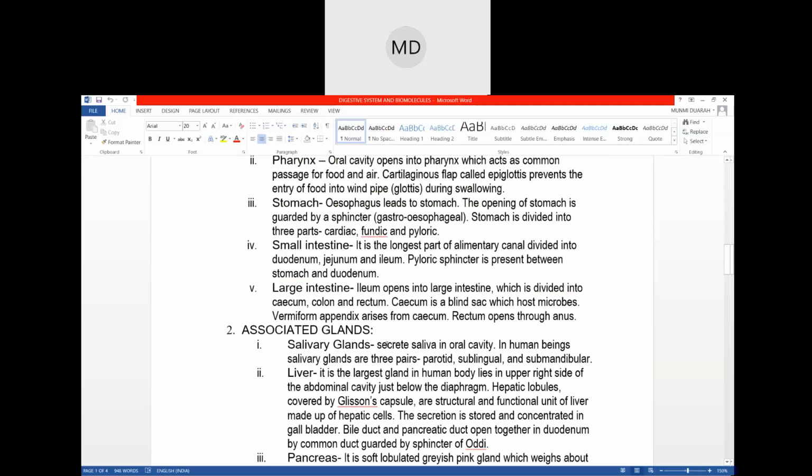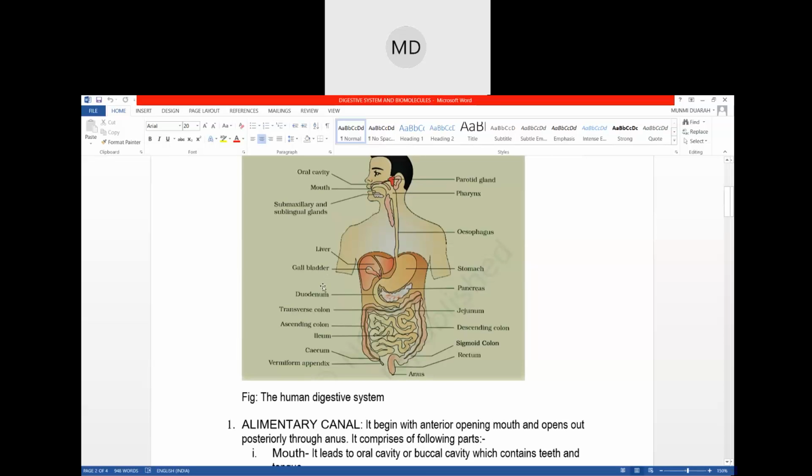Okay, so the small intestine is divided into duodenum, jejunum, and ileum. See, it starts from here. So this is the duodenum, then comes the jejunum, this portion is the jejunum, then comes the ileum, this portion is the ileum.